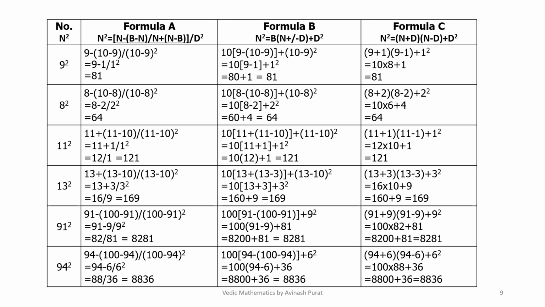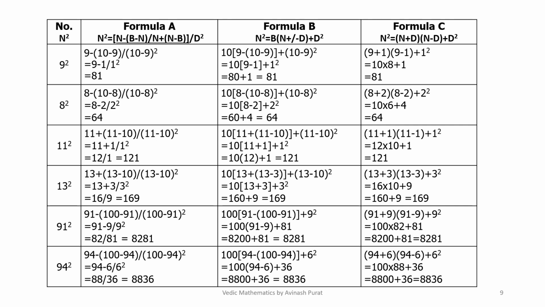13 squared. 13 plus (13 minus 10) stroke (13 minus 10) squared equals 13 plus 3 stroke 3 squared equals 16 stroke 9 equals 169. Second formula gives 10 multiplied by (13 plus (13 minus 10)) plus (13 minus 10) squared, that is 10 multiplied by (13 plus 3) plus 3 squared equals 160 plus 9, that is 169.